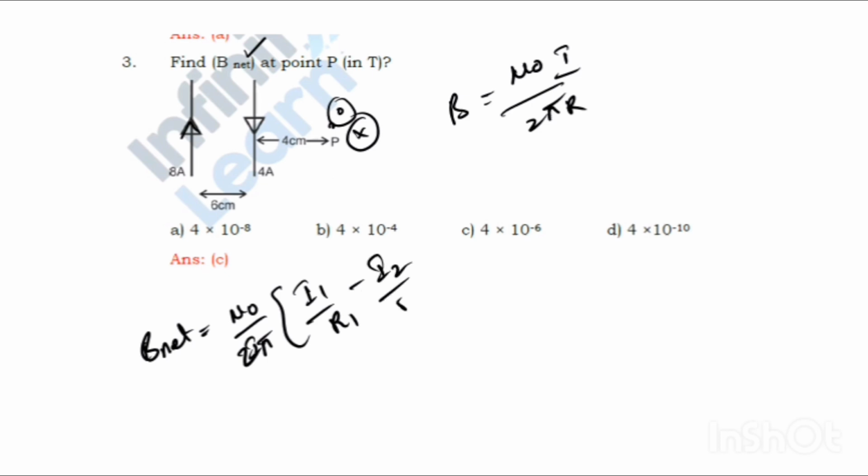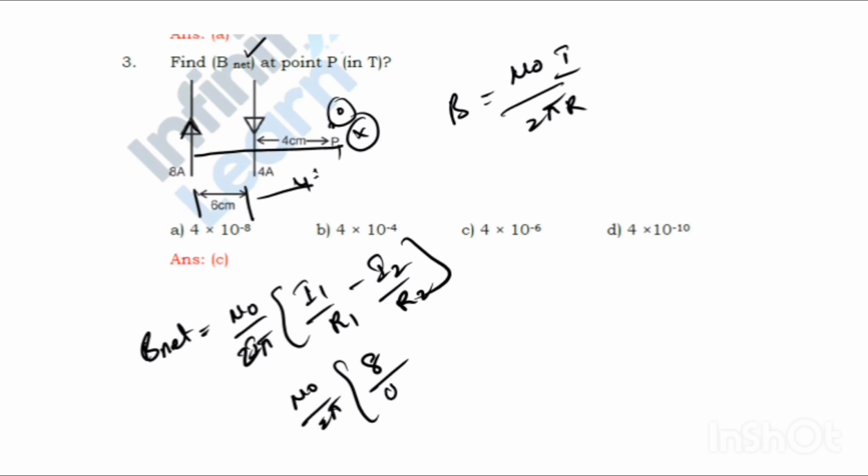Here I1 is 8 and R1 is 6 centimeters plus 4 centimeters from conductor 1 to point P, that is 10 centimeters, that is 0.1, minus I2, which is 4, by 4 centimeters, that is 0.04.